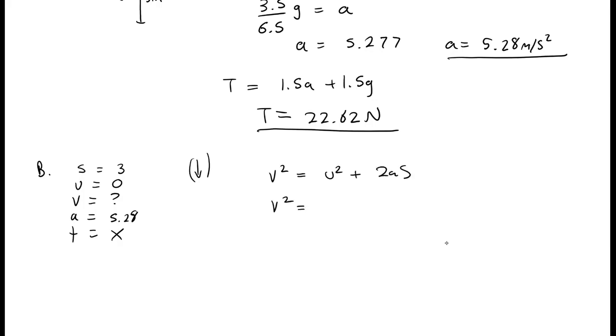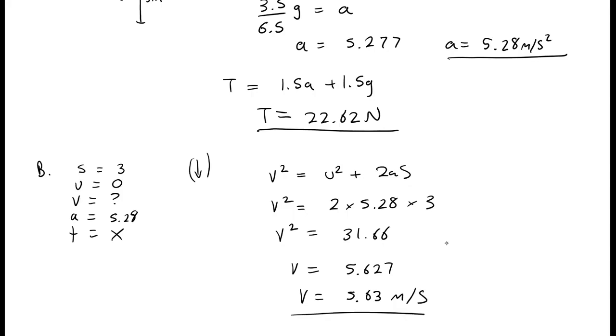V squared is equal to nothing for u as it's 0, plus 2as, so 2 times 5.28 multiplied by 3. V is equal to 5.627, 5.63 meters per second.